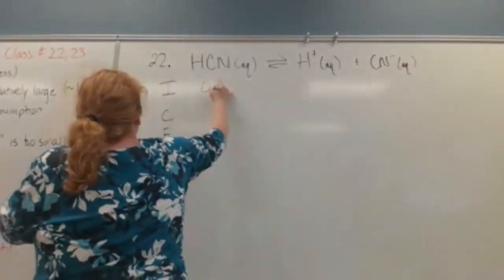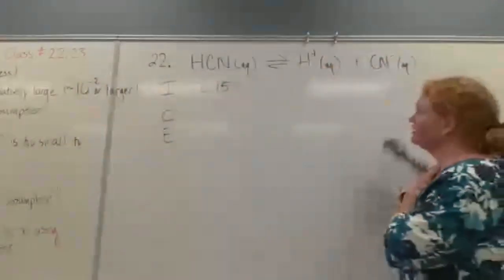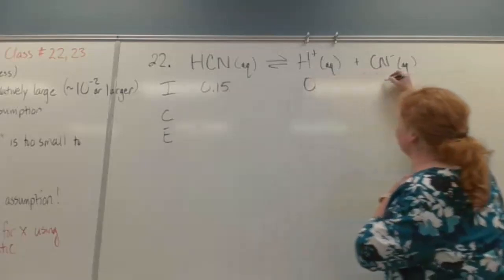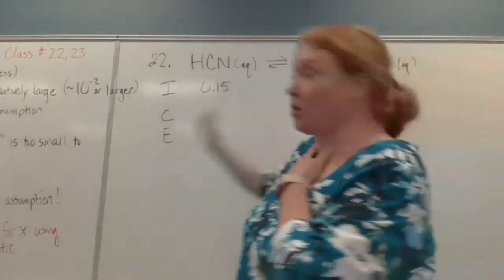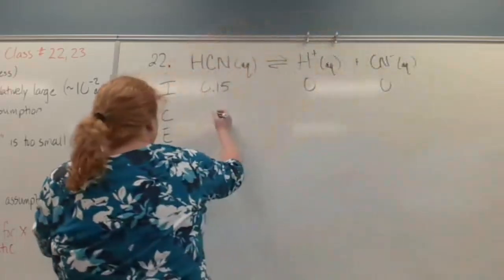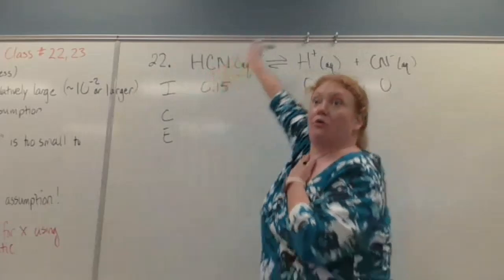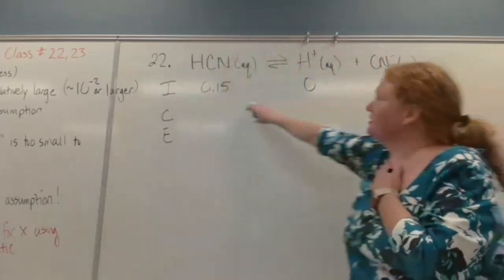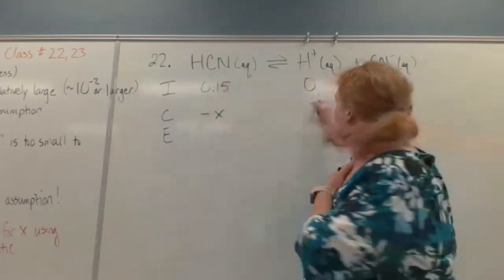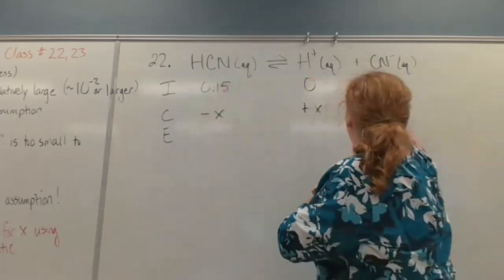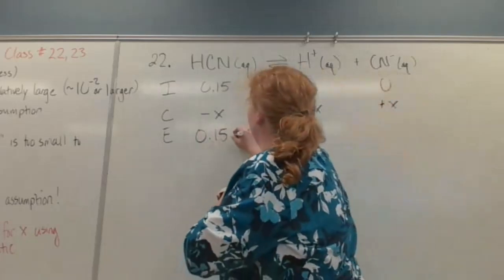The only initial amount I was told was for the HCN, right? So that means H plus ion and the cyanide ion both are 0 to start, right? I wasn't told any other amounts. That's what I have to go by, which means the reaction is going to go in the forwards direction. Okay, so this is decreasing, and these two are increasing.